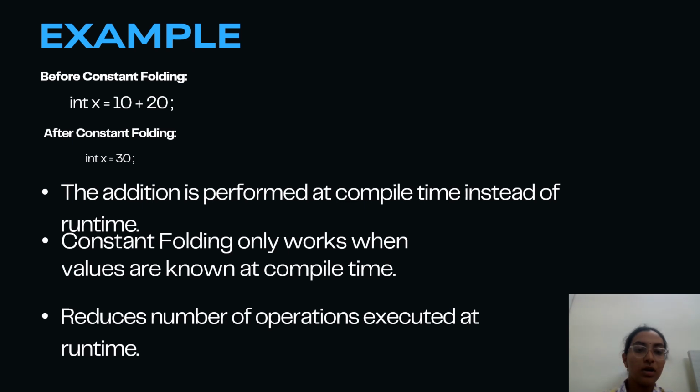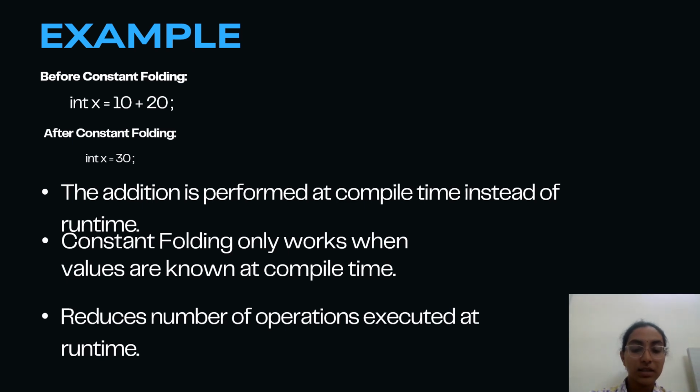Let's see how constant folding works. The compiler scans the entire program and looks for expressions. It identifies expressions that contain only constant values and do not depend on variables or user inputs. Once such expressions are found, the compiler evaluates them immediately.